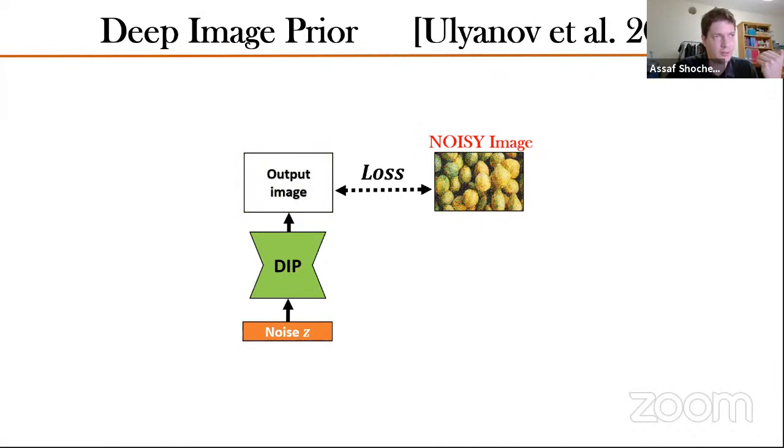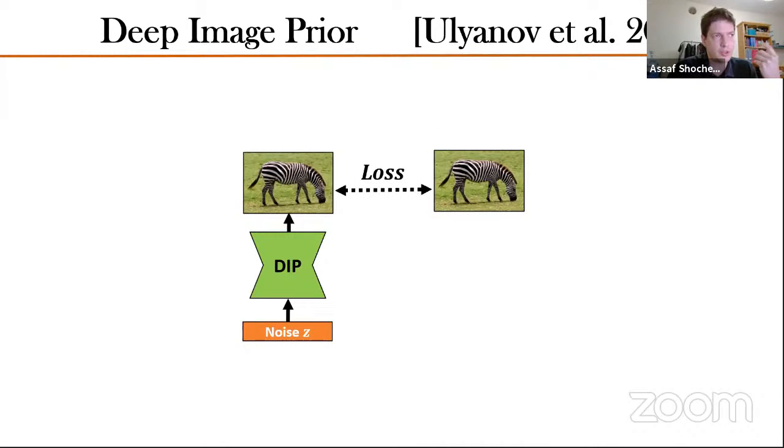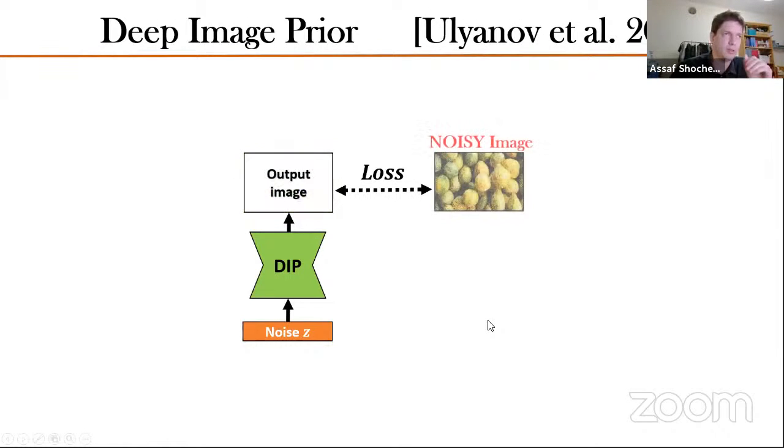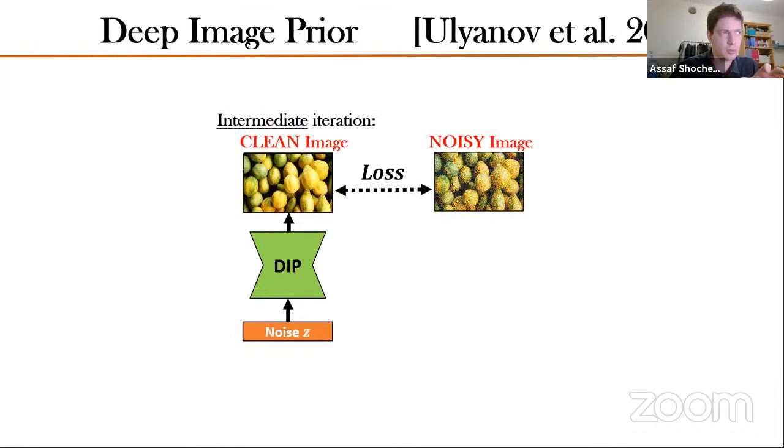However, they were able to show that this reconstruction can do more than just reconstruct what you already have. They show many things, but I'll just talk about one interesting example. If this image happens to be a noisy image, you can train it but do early stopping, so you don't let it train all the way.